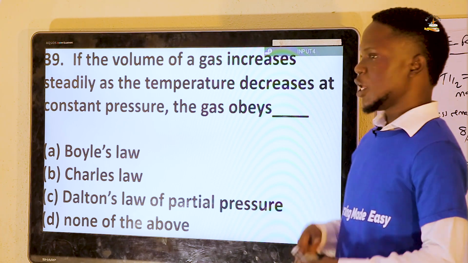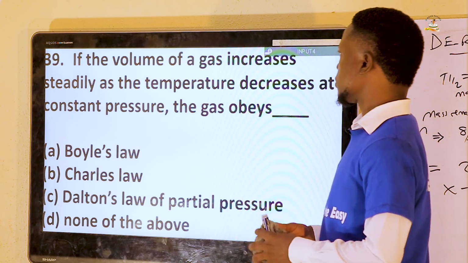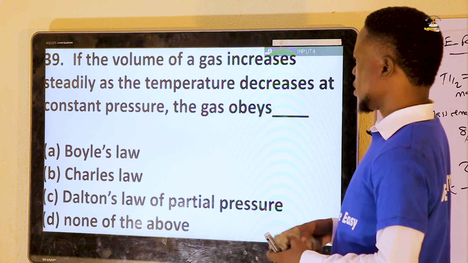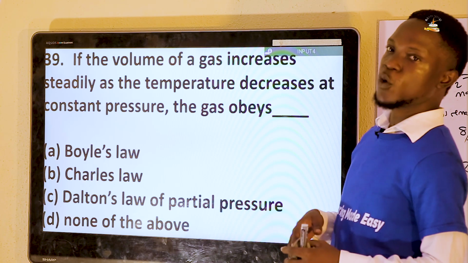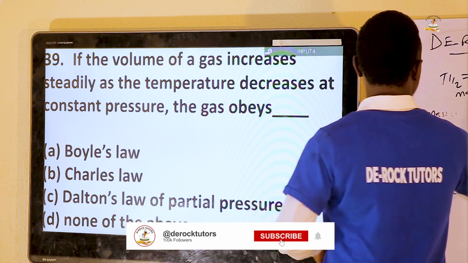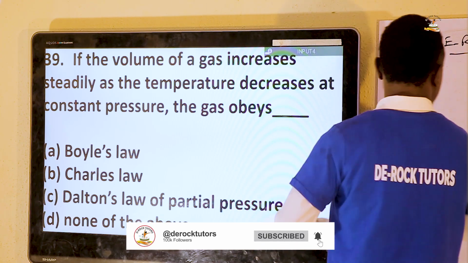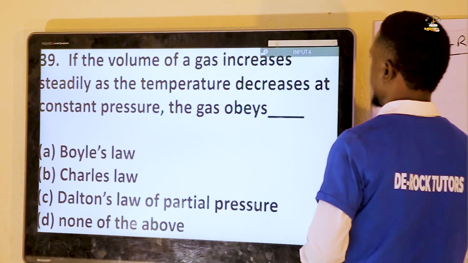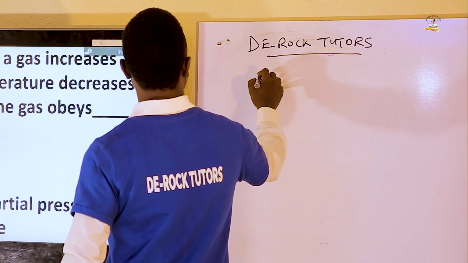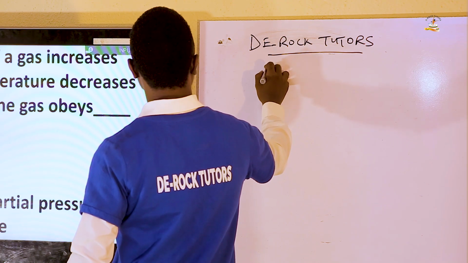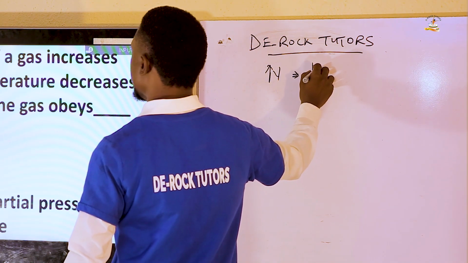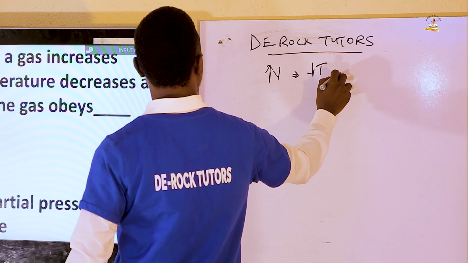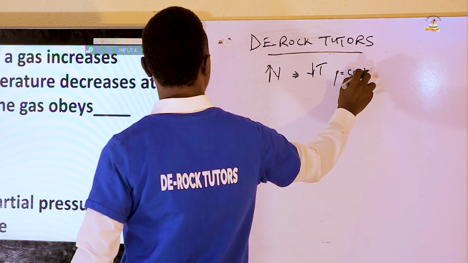Question 39. If the volume of a gas increases steadily as the temperature decreases at constant pressure, the gas obeys dash. So let's look at this critically. Increase in volume, temperature decreases, and pressure is what?